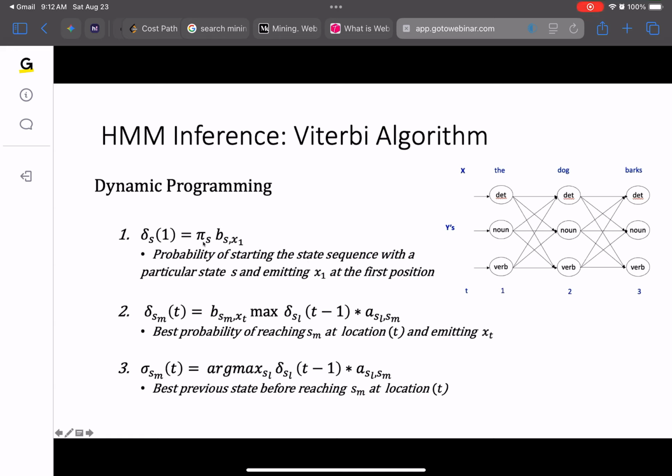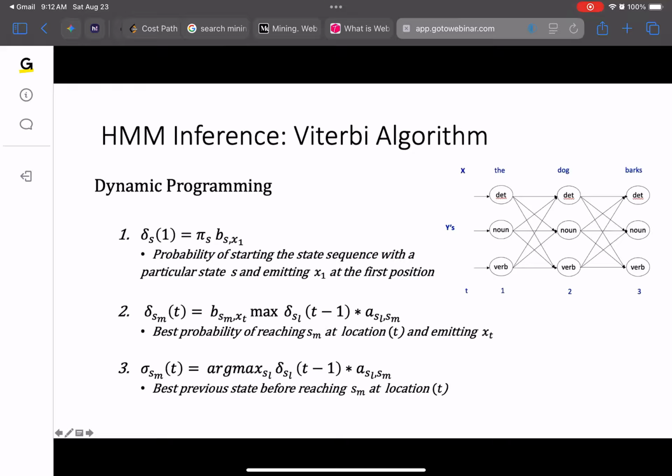This is computed by the initial probability and the emission probability of being in a state S and emitting the word x1. So this is how the deltas are computed in the first instance, and in the subsequent instances, we can make use of a recursive solution to compute this.